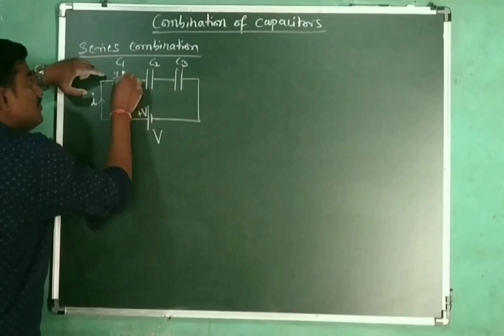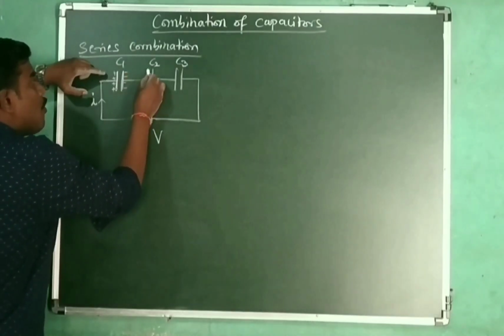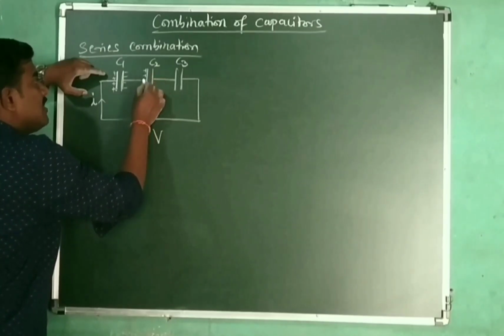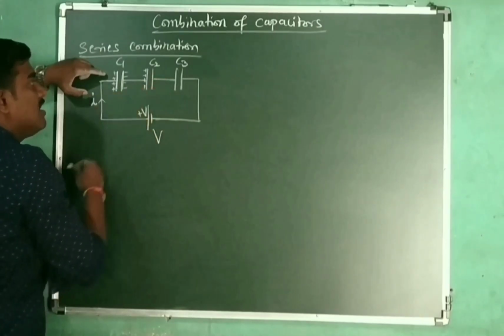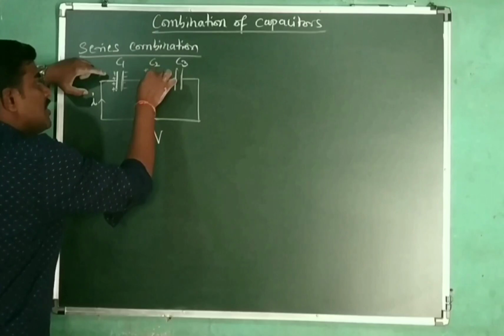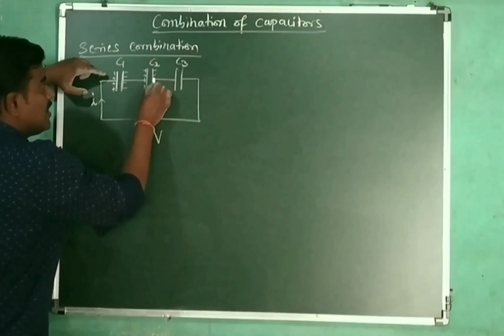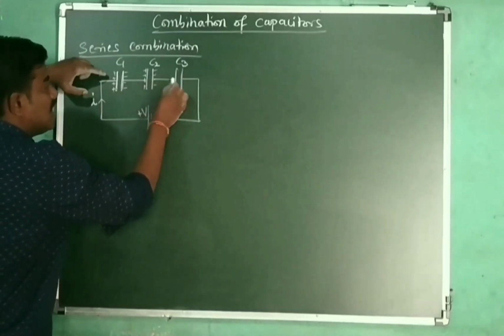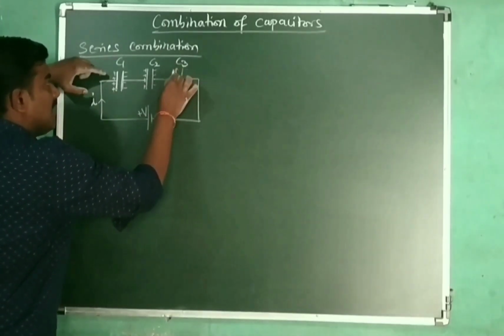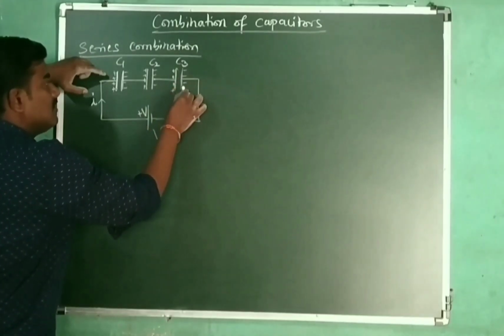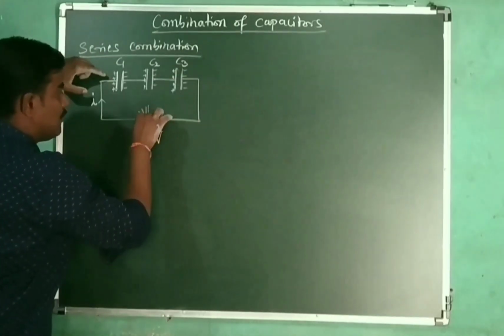And the positive charges of the second plate go to the first plate of the second capacitor and locate here. Once again the negative charges of the second plate locate here, and positive charges shift to the third plate like this, and once again negative charges and positive charges go to the negative terminal.